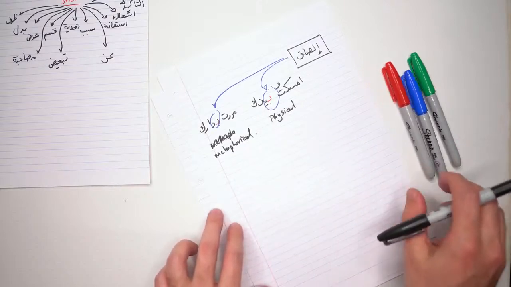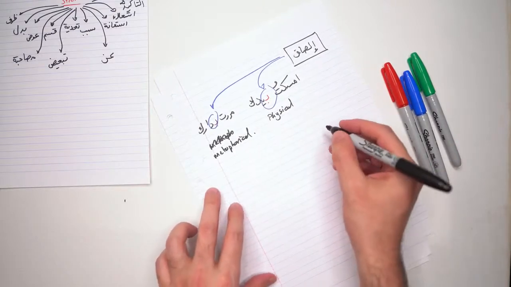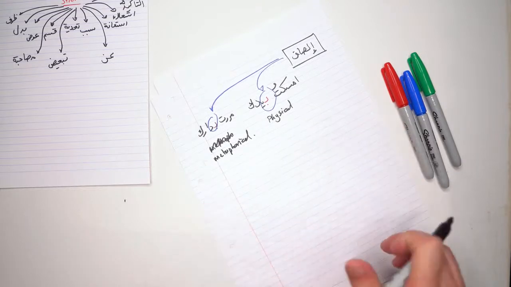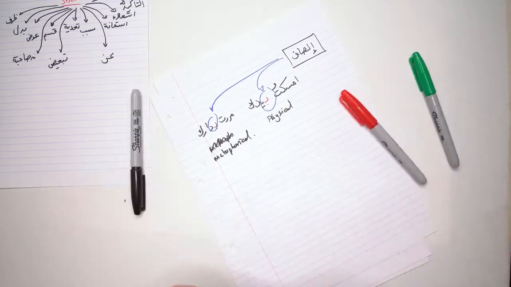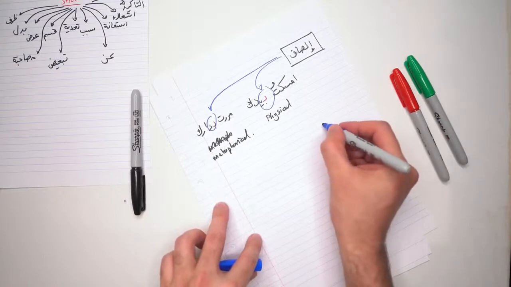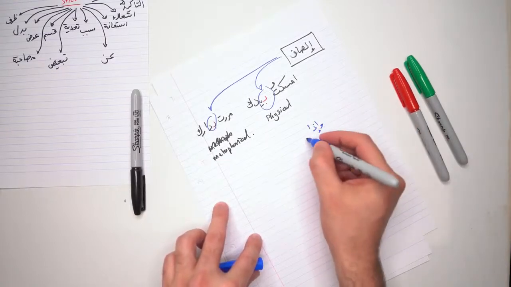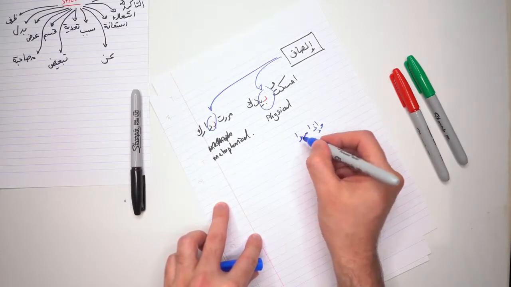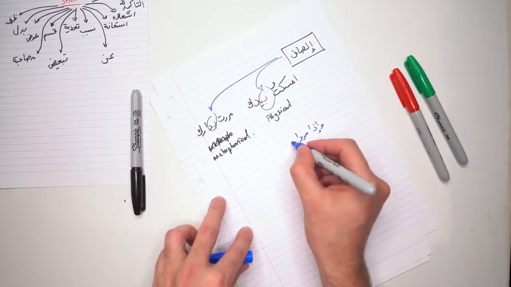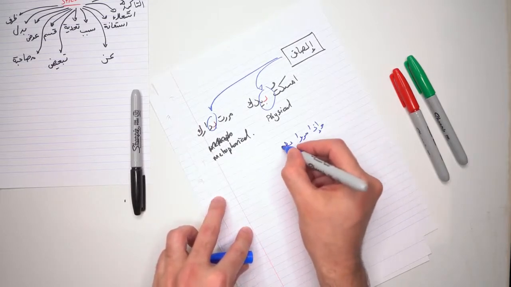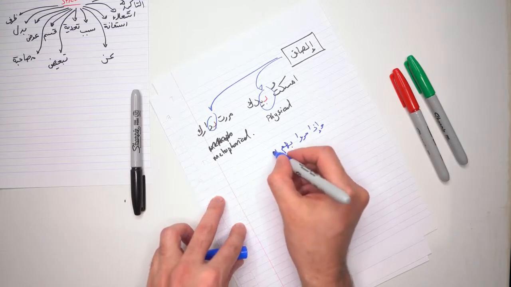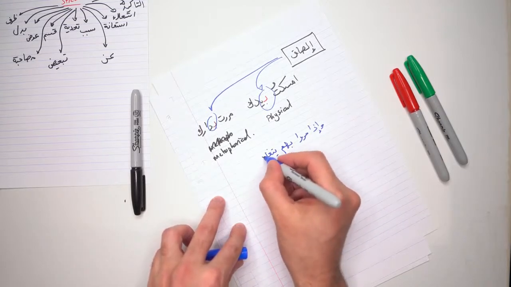Now this also appears in the Quran. For example, Allah says, وَإِذَا مَرُّوا بِهِمْ يَتَغَامَزُونَ.